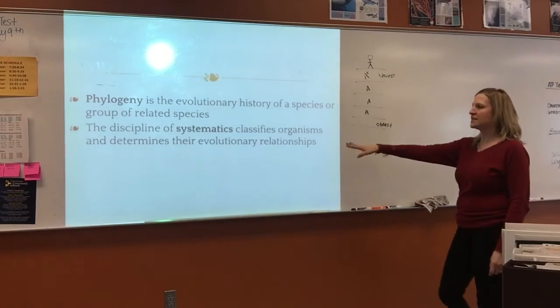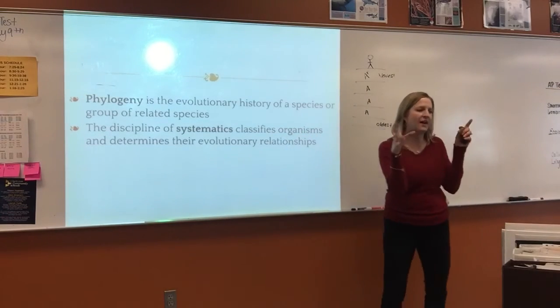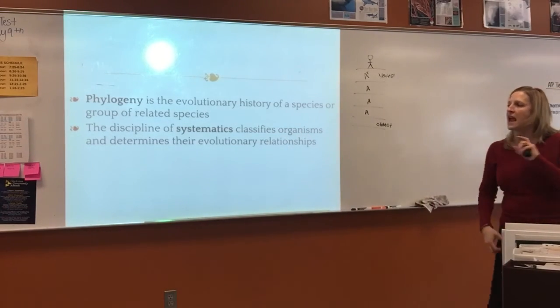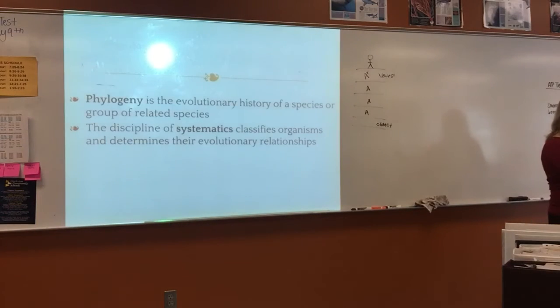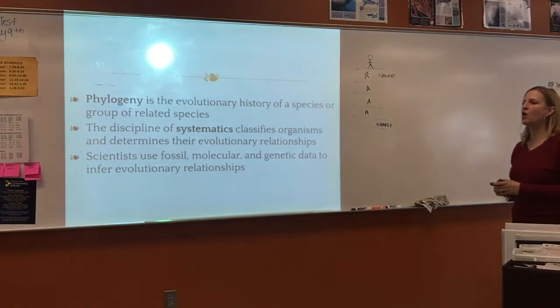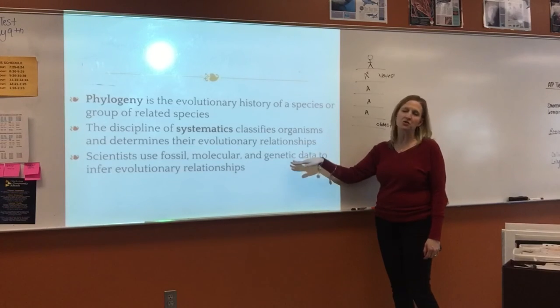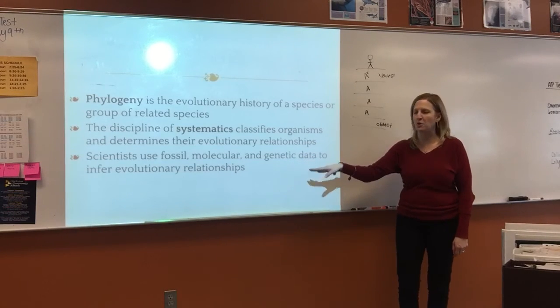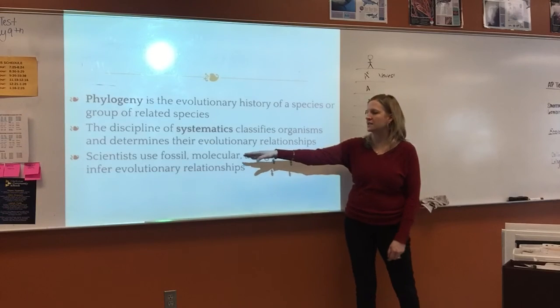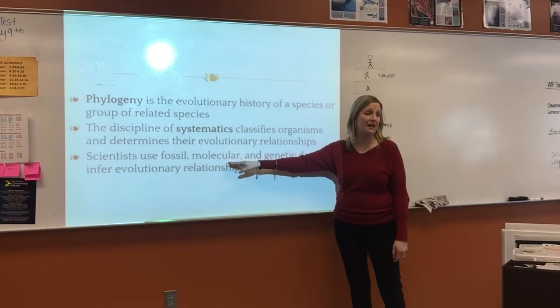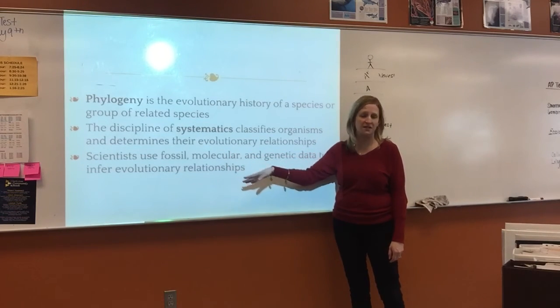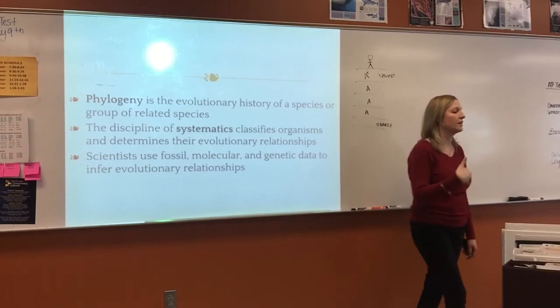Systematics classifies organisms on Earth, groups them, and then tries to figure out their evolutionary relationships. How we do this is use all the data that we have at our disposal. So what data is that? That's the fossil record. It's molecular data, like comparing proteins and so on. Genetic data, sequencing.